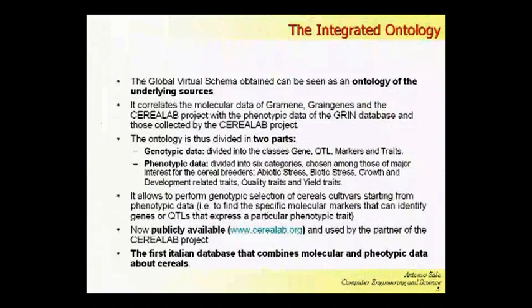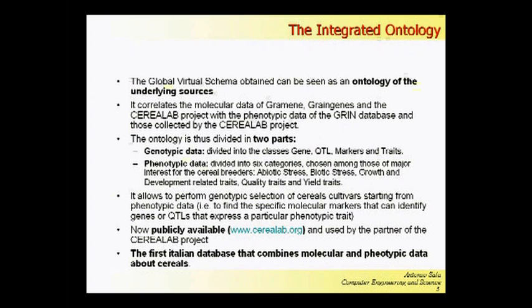So the schema we obtained in this application can be seen as an ontology of the local sources, and this ontology turned out to be really useful for the researchers of the Serial project, because it allows to correlate the molecular data coming from Gramene, Green Genes and the Serial project itself, with phenotypic data of the GRIN database and other data collected by the Serial project.